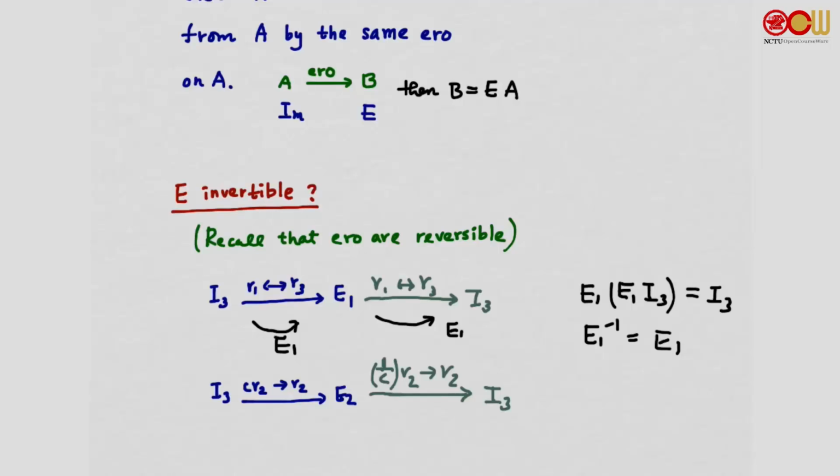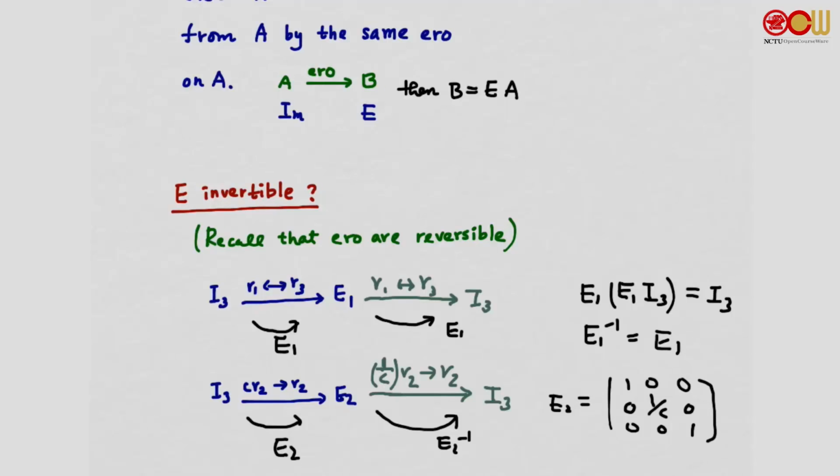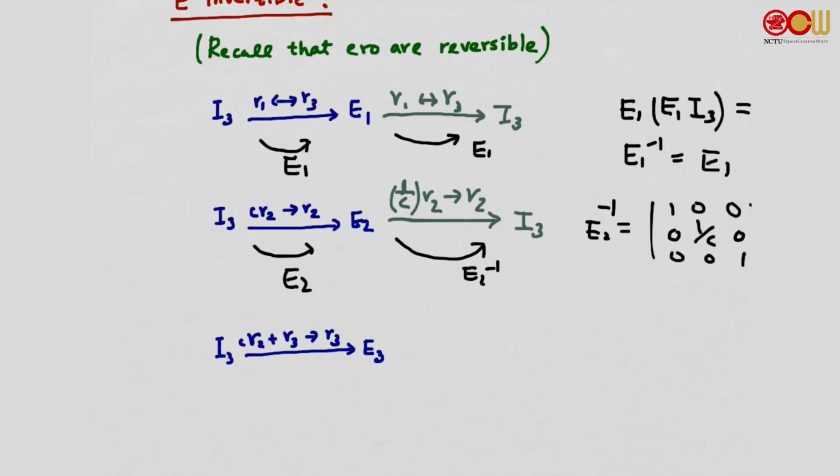E2 describes the first elementary row operation, and E2 inverse describes the second. E2 inverse would be 1, 0, 0, 0, 1/C, 0, 0, 0, 1, where the second row is scaled by 1 over C.